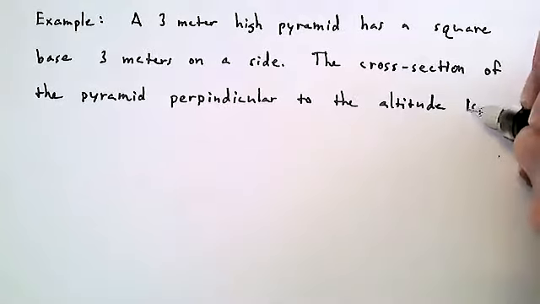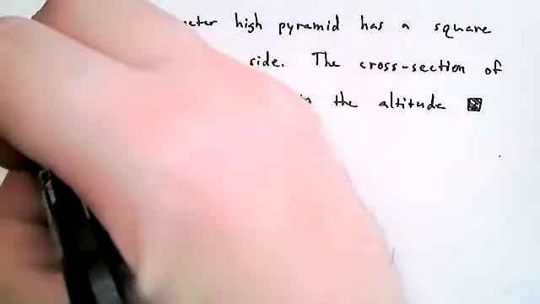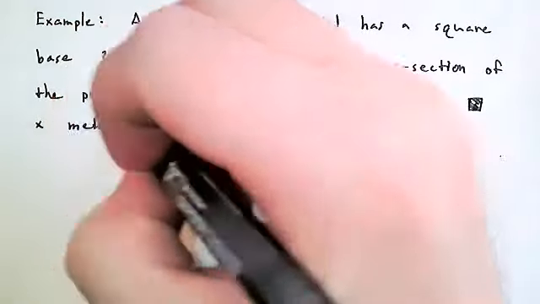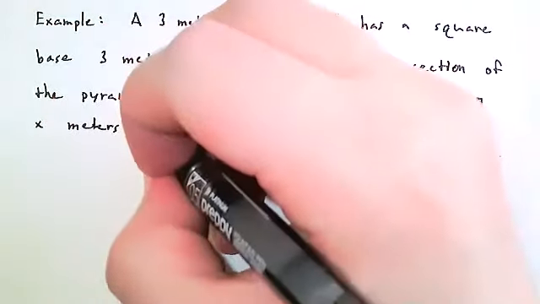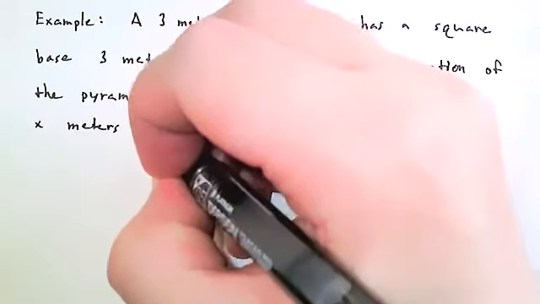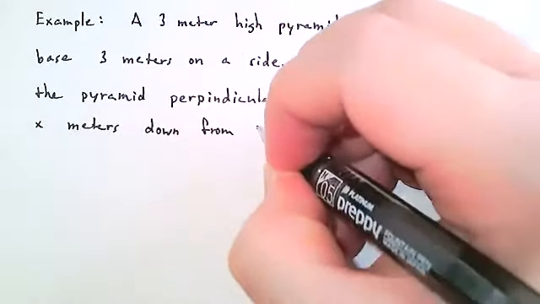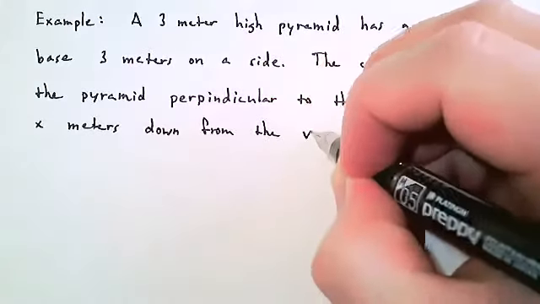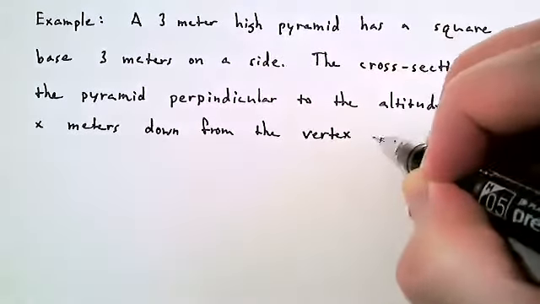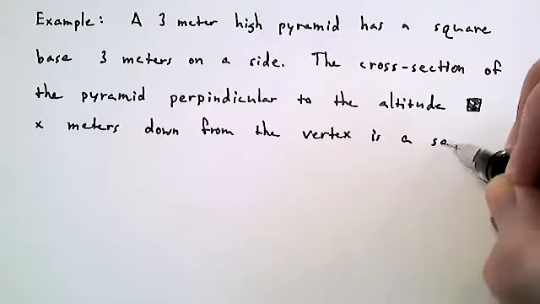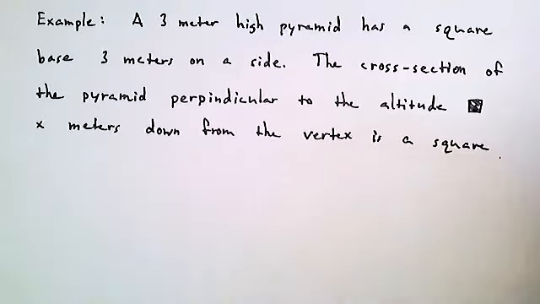And I want to talk about the altitude, x meters, down from the tip or the vertex. And it's also a square and it's going to be x meters on a side.